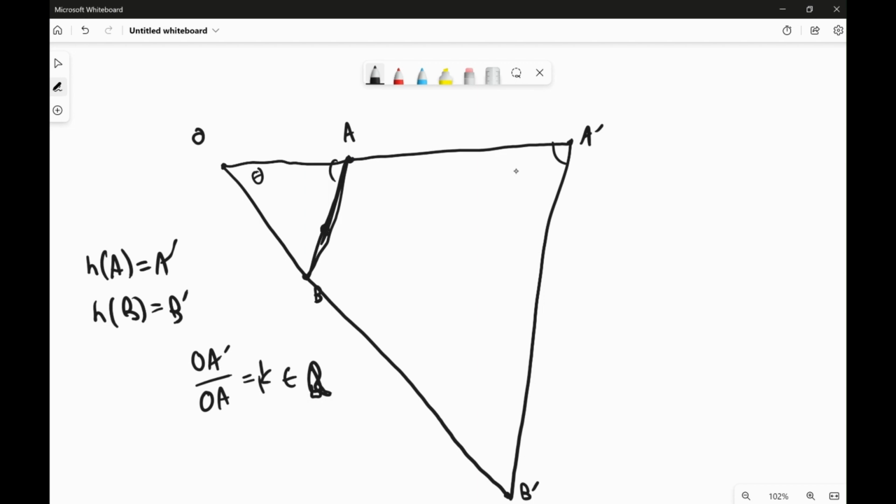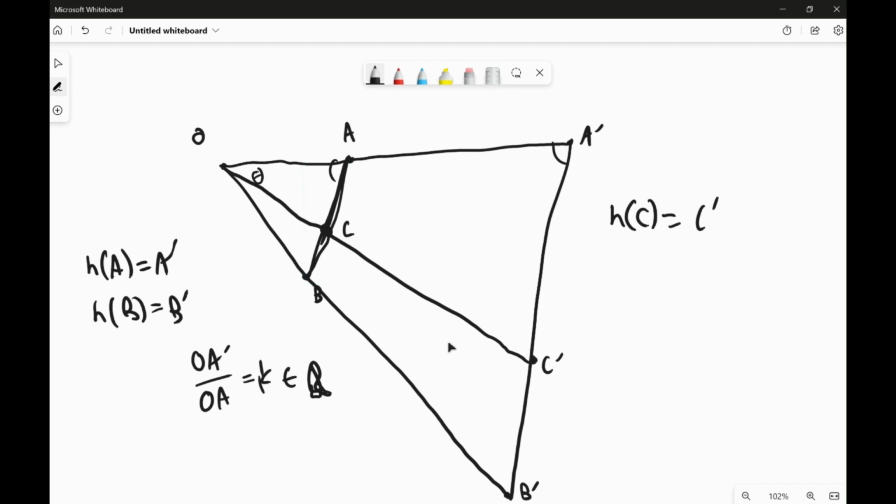Also, if C is a point on this line AB, and then we draw OC to intersect A prime B prime at a point C prime, then it turns out that H of C is equal to C prime. Because it also follows from the similar triangles.